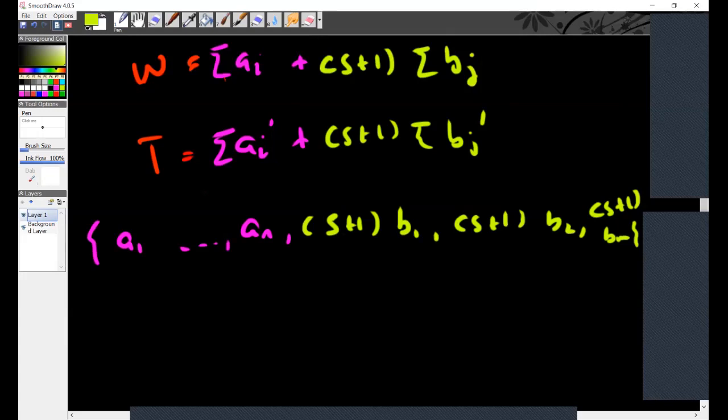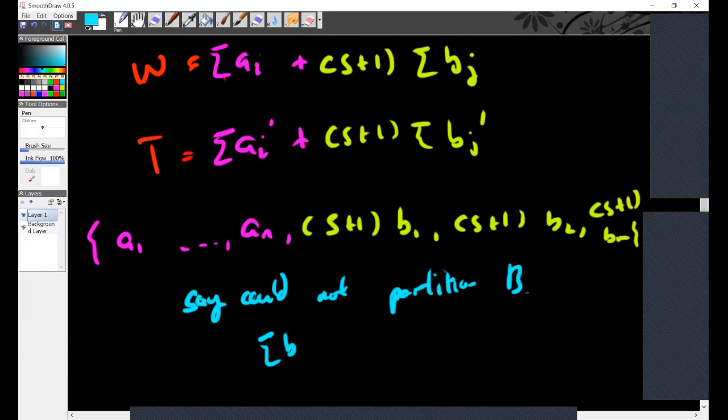Okay, so the first thing to note here is this. Let's say that these two were not equal. Let's say you could not partition B. So that tells you that no matter how hard you try to find a subset of B, no matter how you take the items and its complement, the difference between them is going to be at least 1.